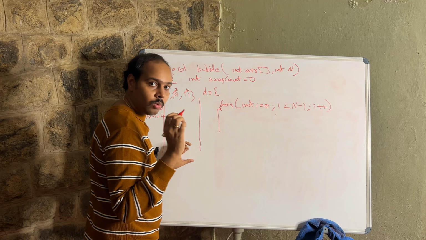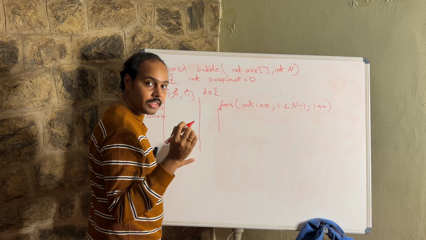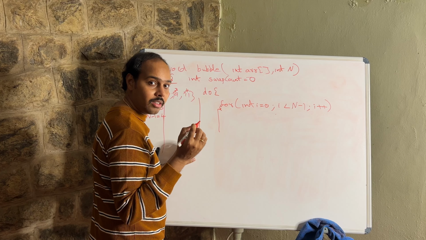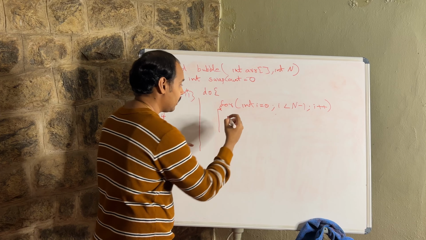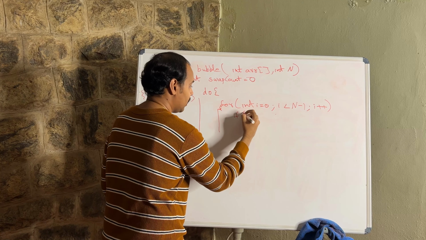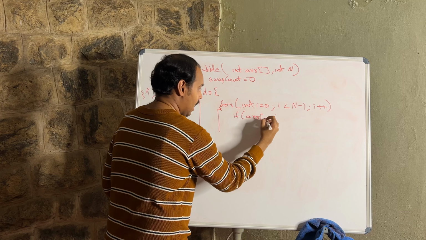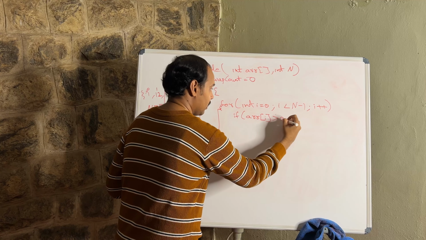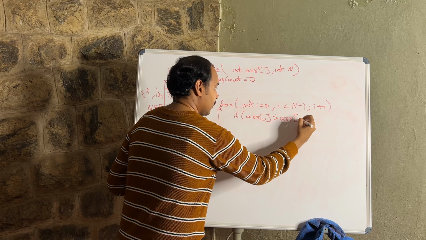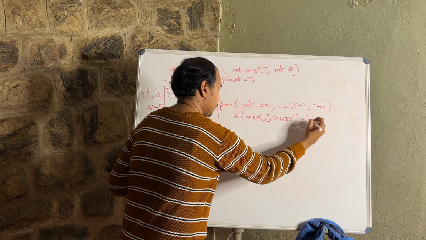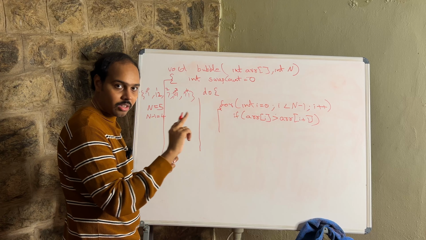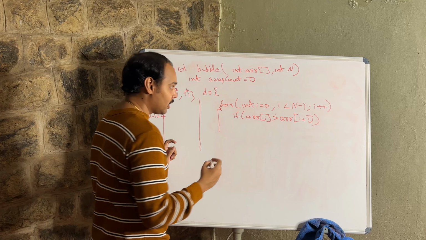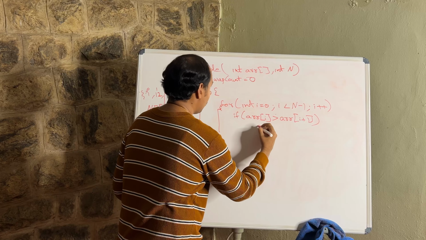Here what will we check? We will check if the current element is less than the previous element. If it is greater than the previous element, we swap. If the current element, which is arr of i, is greater than the next element, arr of i plus 1, so it is not in ascending order, then we swap.